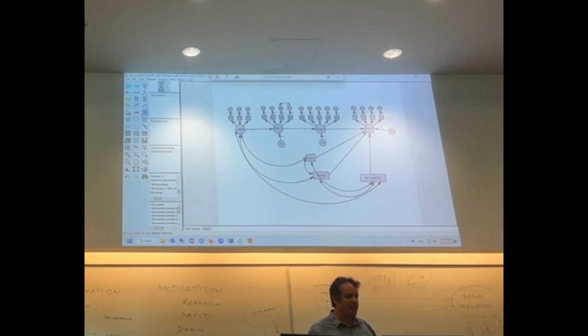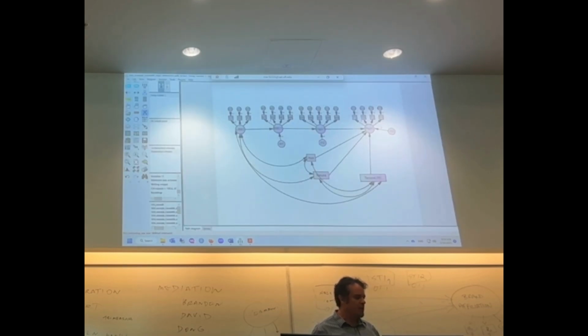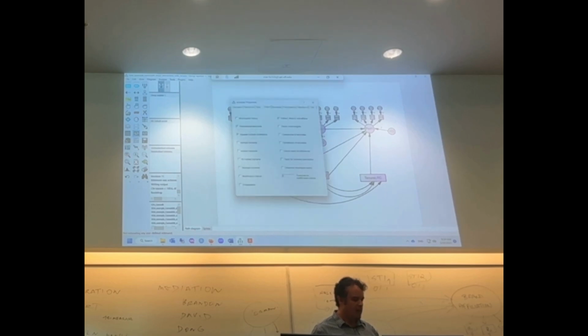And worse than that, they didn't even say which items, right? They said, based on modification indices, let me classify this statement here. What they did is, after they ran the model, they went to analysis properties and clicked on modification indices.